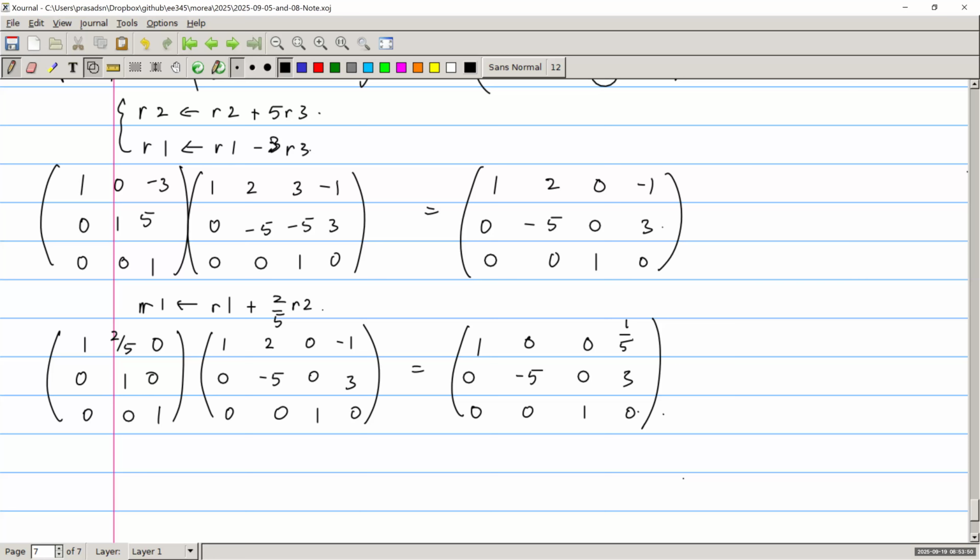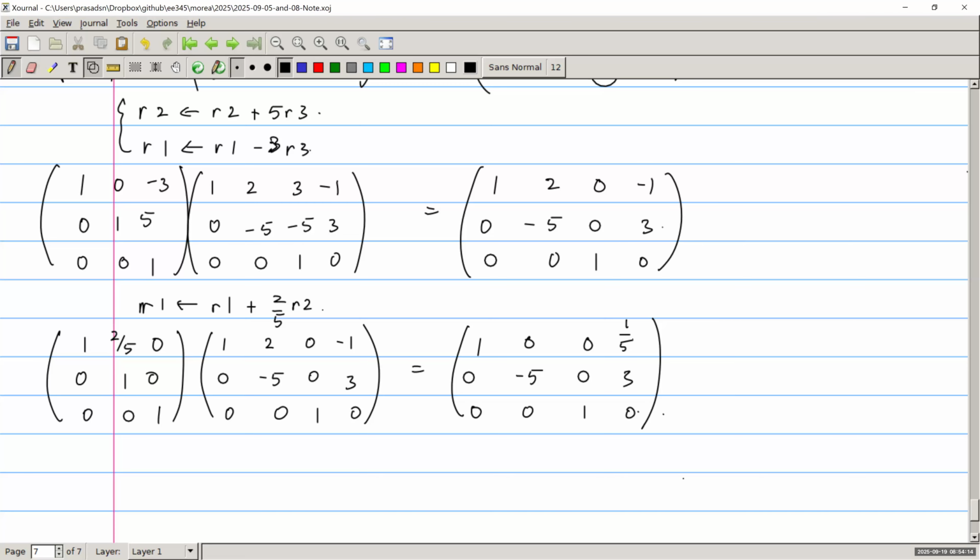And the last thing we want to do is to normalize all the pivots to 1. We could have done the normalization at any stage, because of a reason you will see. The first and third pivots are already 1, nothing to do. Only the second row we need to multiply by minus 1 fifth.